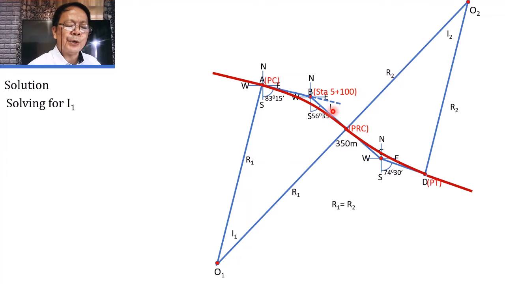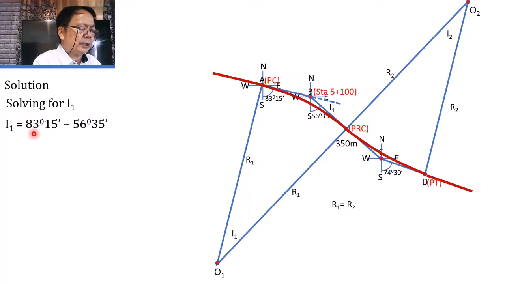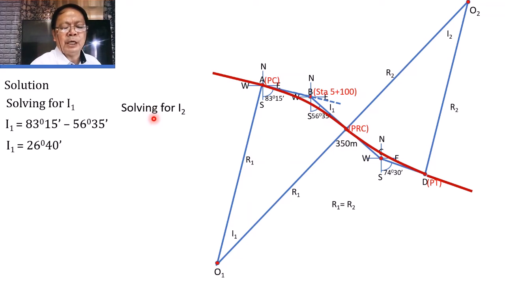This I sub 1 will be equal to the difference between the direction of the back tangent and the direction of the common tangent, representing 83 degrees 15 minutes and 56 degrees 35 minutes. So I sub 1 will be equal to 83 degrees 15 minutes minus 56 degrees 35 minutes, so that I sub 1 will be equal to 26 degrees 40 minutes, or in terms of decimal, 26.67 degrees.